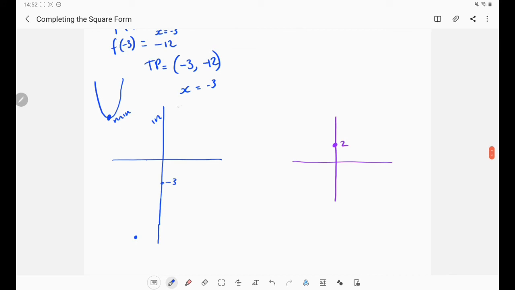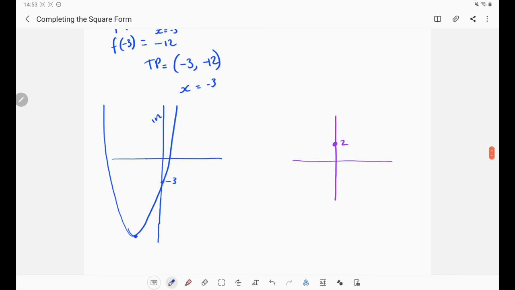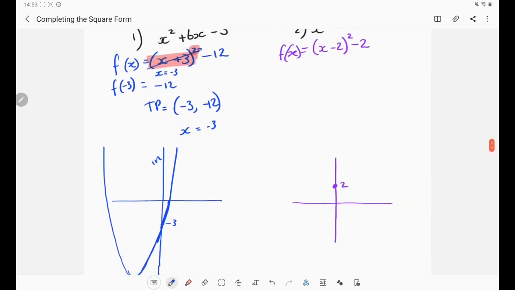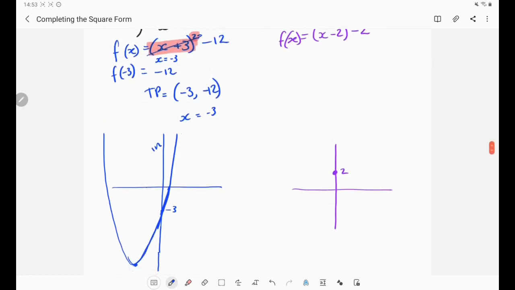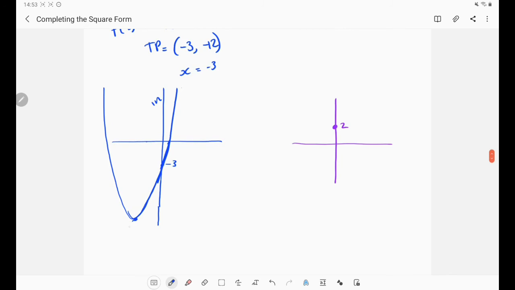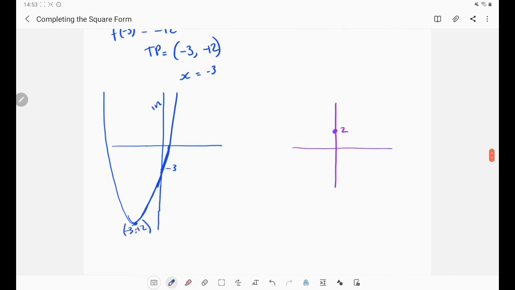You will not get asked for your roots, so you're just connecting those in as symmetrical a graph as you can. You might want to neaten it up, but there we go. Minus 3, minus 12.